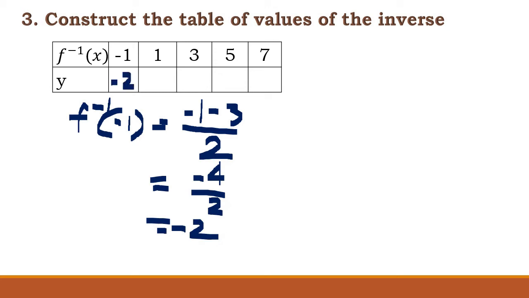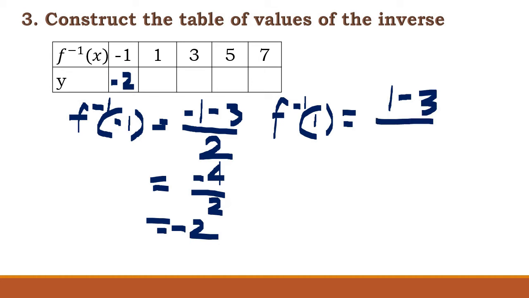So, f raised to negative 1 of positive 1 is equal to positive 1 minus 3 over 2.